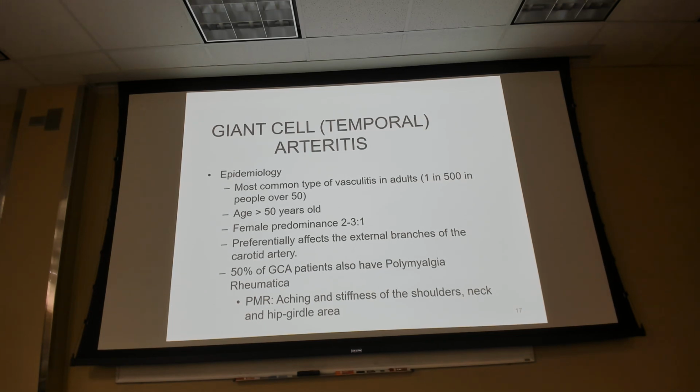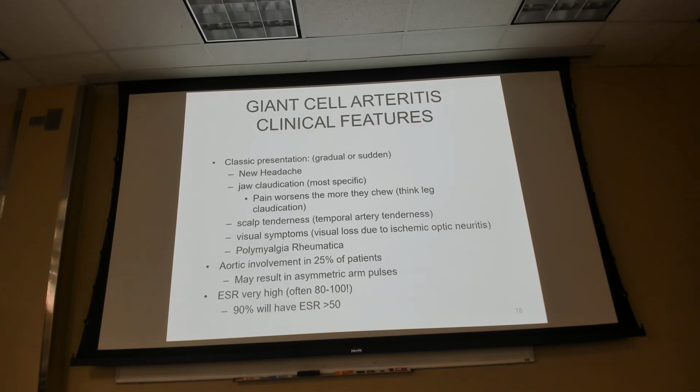Preferentially, this can affect the external branches of the carotid artery. 50% of GCA patients also have polymyalgia rheumatica, PMR, aching and stiffness of the shoulders, neck, and hip girdle areas. So these symptoms and locations can also cause this to happen.